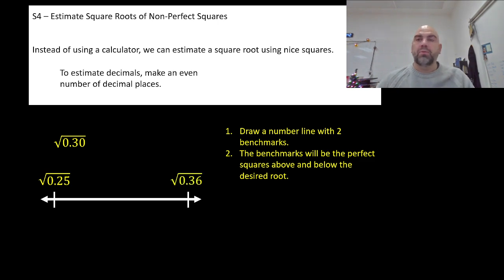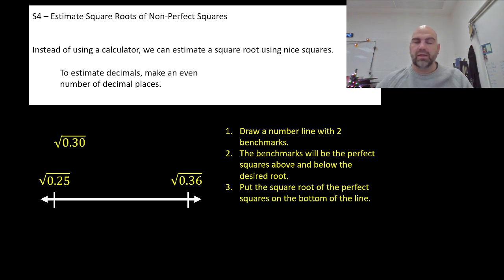And we know that the square root of 0.25 is 0.5, and the square root of 0.36 is 0.6. So now we can come up with an even closer estimate because we know these nice square roots that are decimals. That's what we're going to try to do with this example. So there we go.